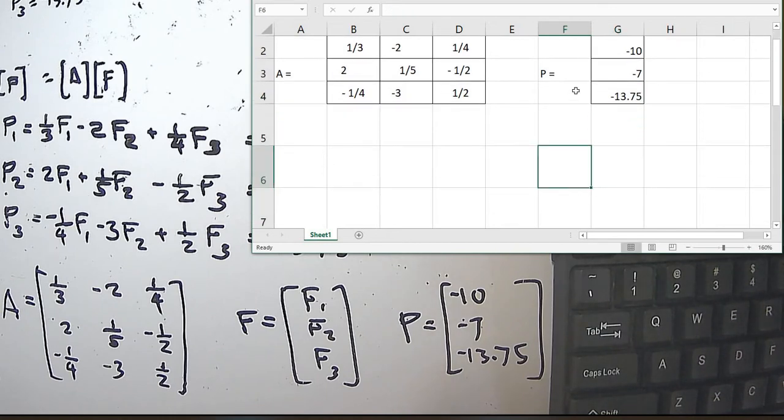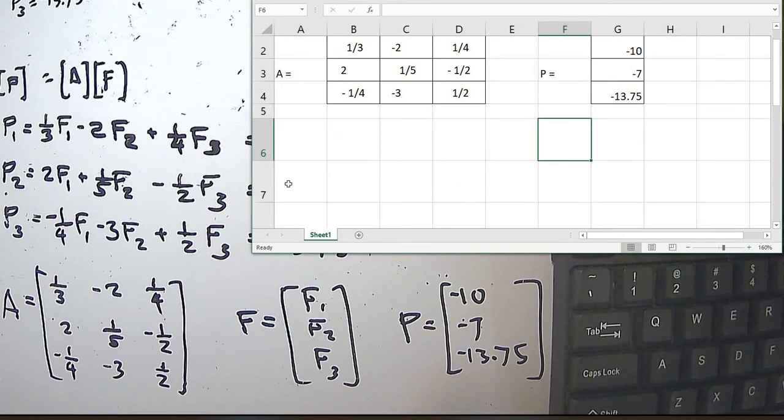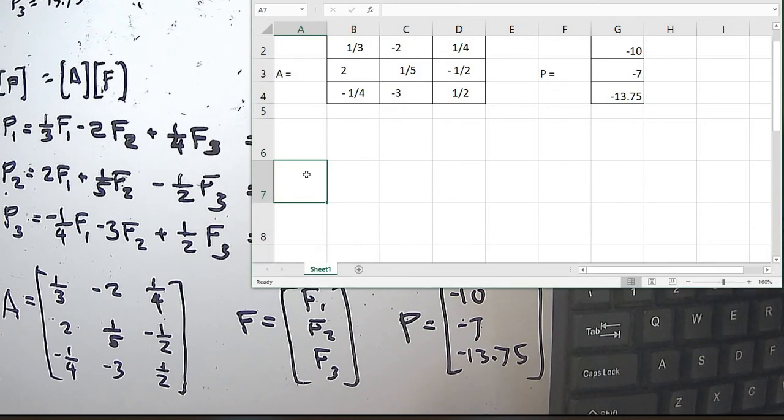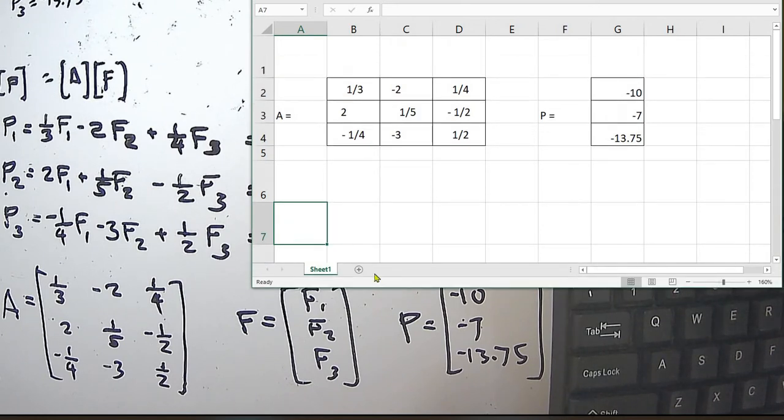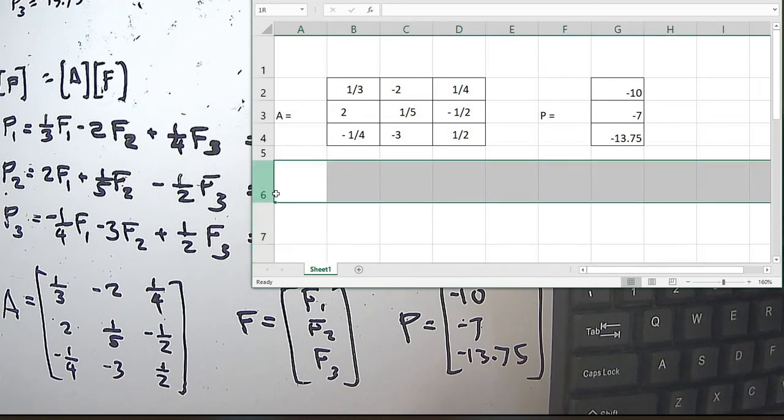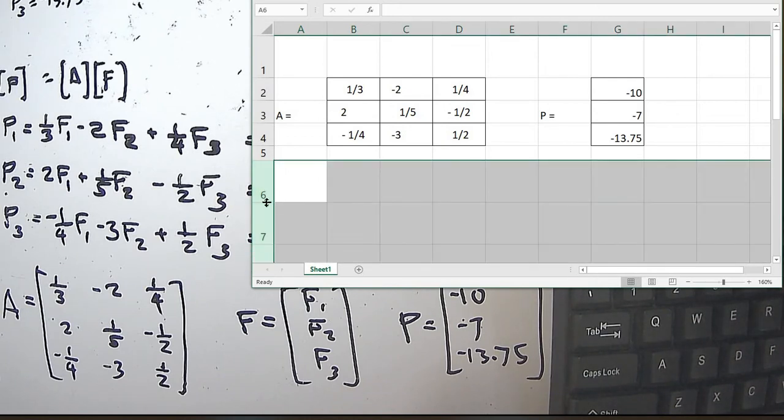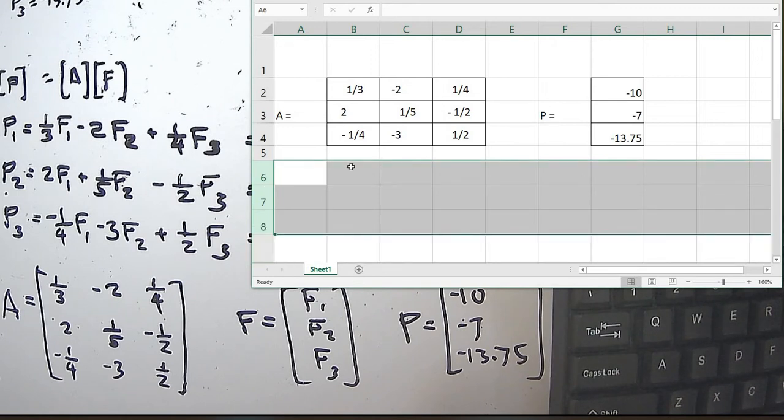Next, kukunin natin ngayon yung inverse ng A matrix. Okay? So, to do that, ulitin ko lang yan para makita nyo.